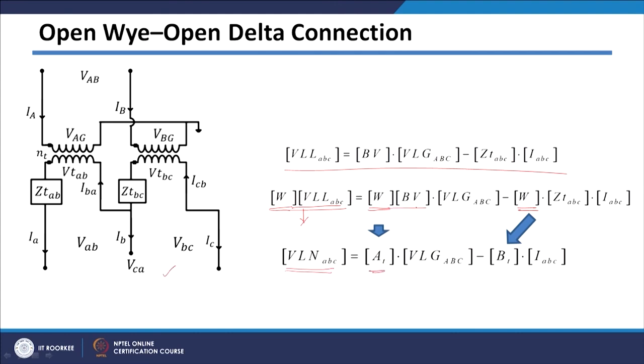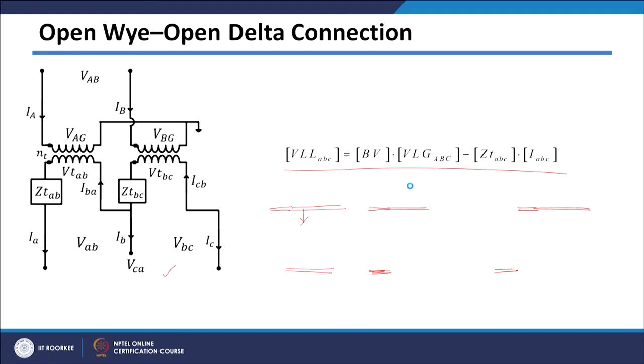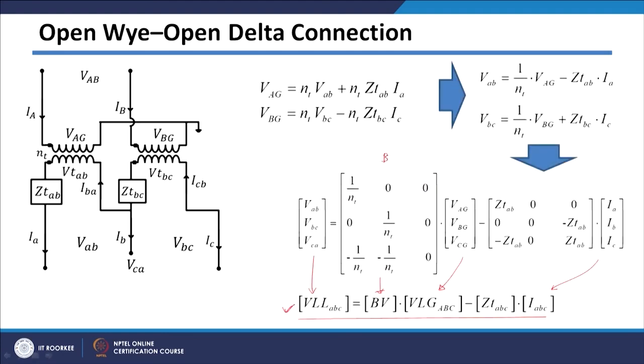This W multiplied by BV will become your capital AT matrix, and W multiplied by your JT ABC will become capital BT matrix. And the BV matrix we have seen on the earlier slide. So this is actually your BV matrix which needs to be used here.